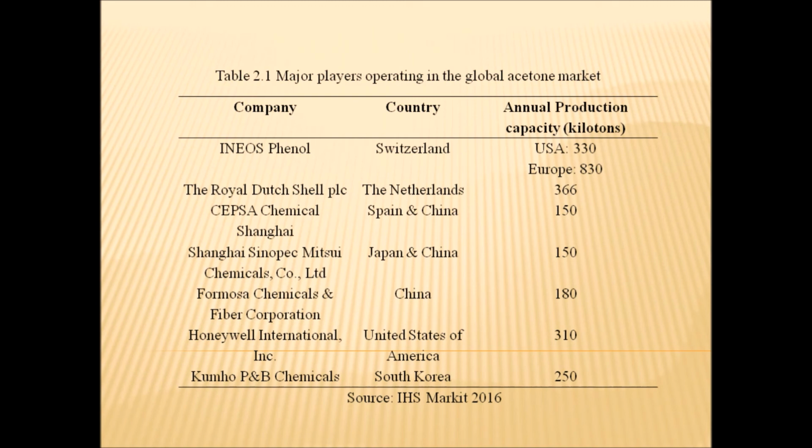Cepsa Chemical Shanghai, a collaboration of Spain and China, contributes 150 kilotons, and the other major players of the global acetone market are Formosa Chemicals and Fibre Corporation, Honeywell International, and Camho P&B Chemicals.